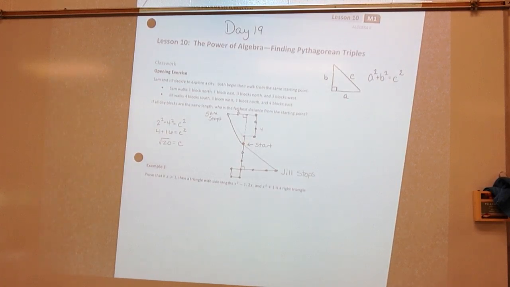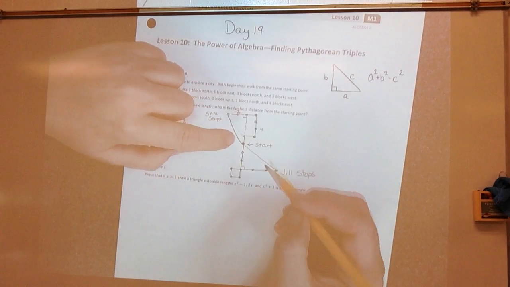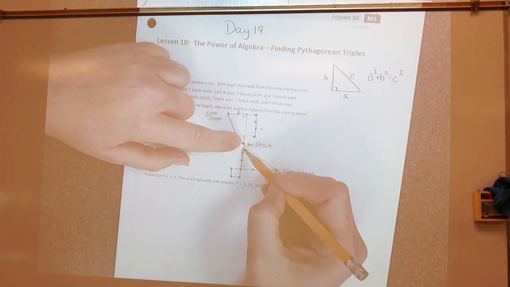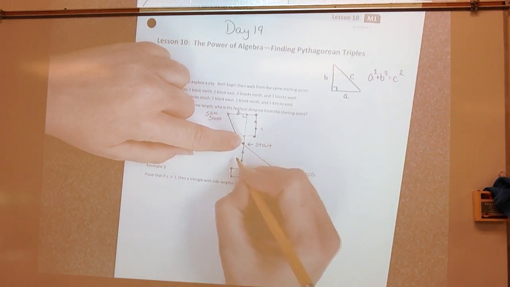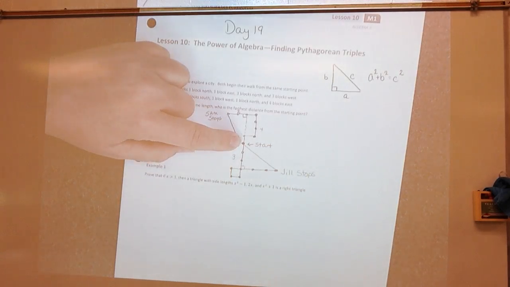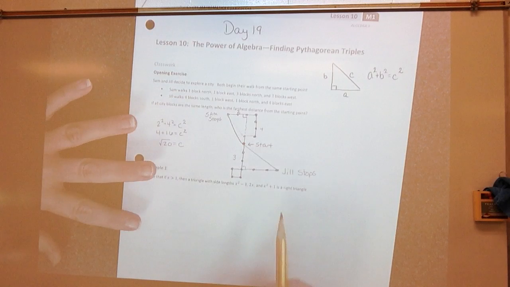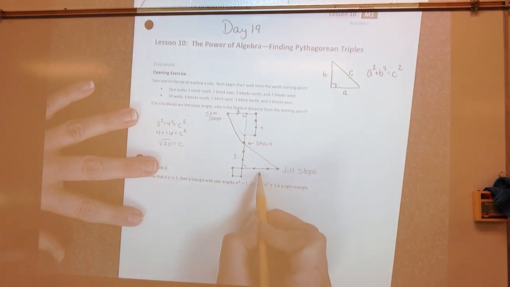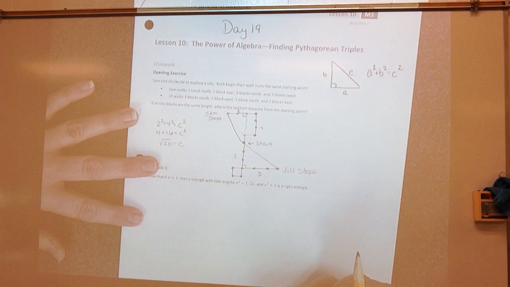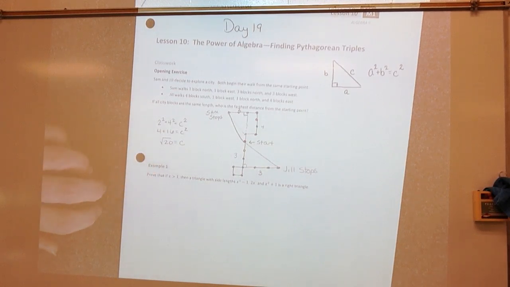All right, let's look at the distance that Jill walked. Jill, her triangle is 3, and this is 3. All right.